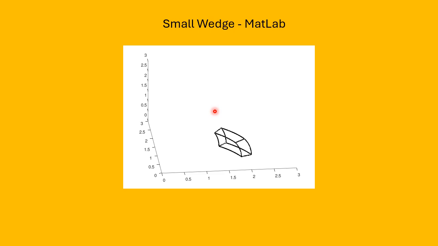Here's another representation of a small wedge in spherical coordinates. This one was generated using MATLAB to draw the edges of this wedge. If you look at this picture, here's the wedge obviously. This point right here is the origin of our three-dimensional space in rectangular coordinates, 0, 0, 0. The x-axis and the y-axis both have 0 here.